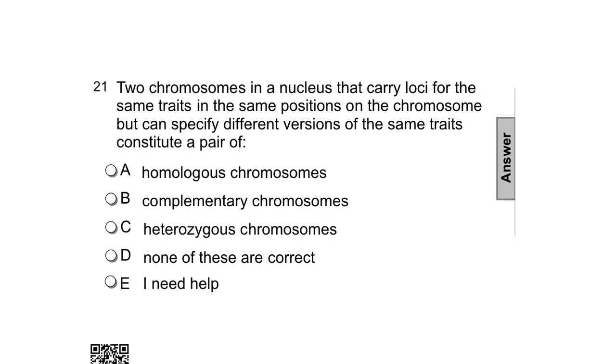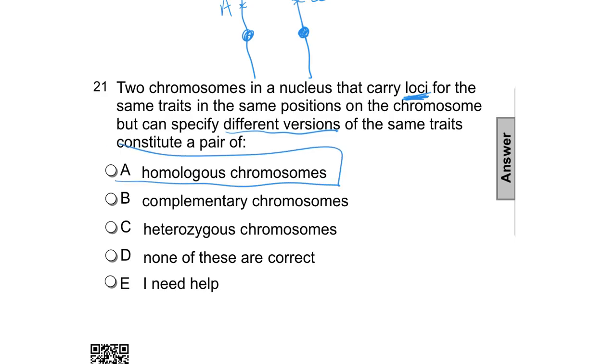Okay, here are some review questions. Two chromosomes in a nucleus that carry the locations of a gene for the same traits in the same positions on the chromosome, of course, meaning they're the exact same loci, but can specify different versions of the same trait, constitute a pair of homologous chromosomes.